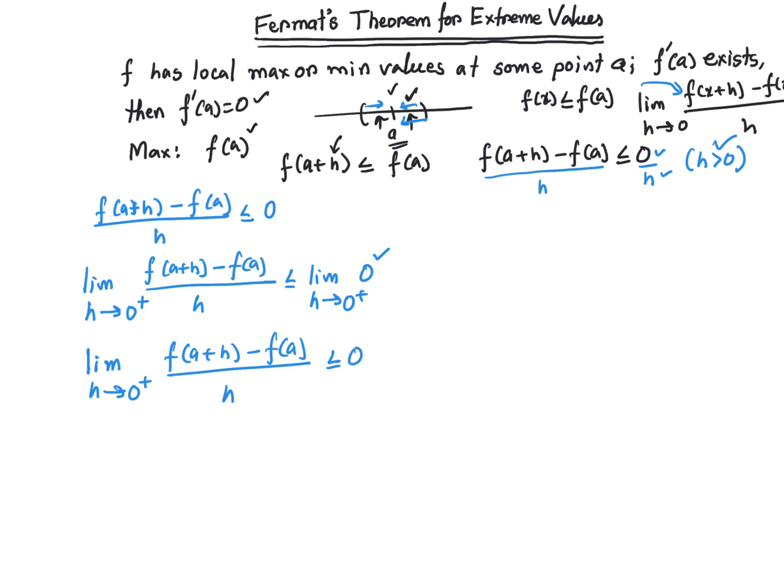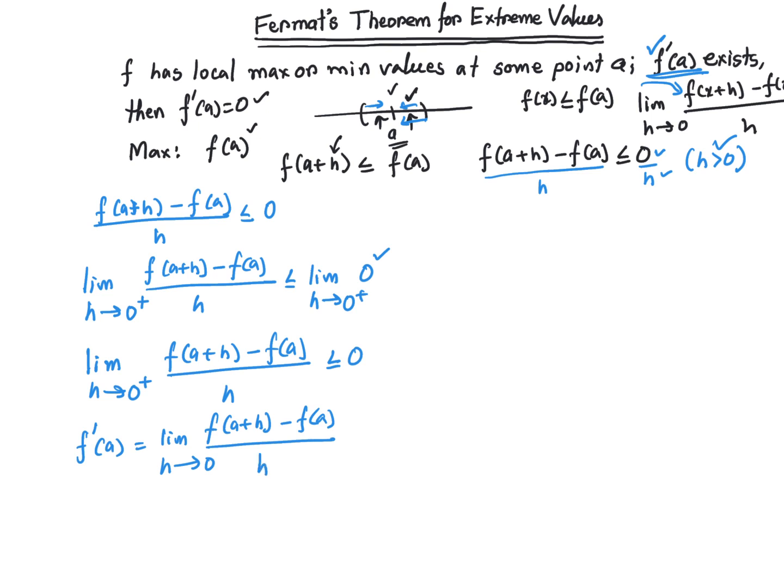At this point, I'm going to use the fact that the derivative exists at point A for the function f. Then the left limit and right limit must be the same. So it must be the case that f prime of A is equal to the limit as h approaches 0 of f of A plus h minus f of A divided by h.